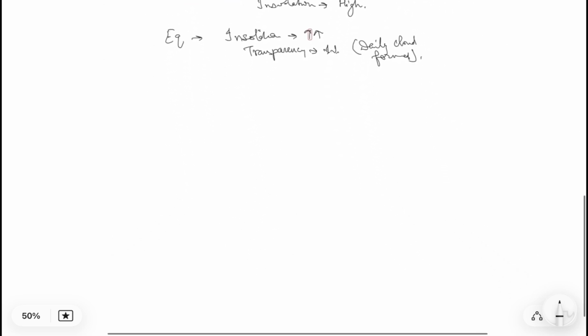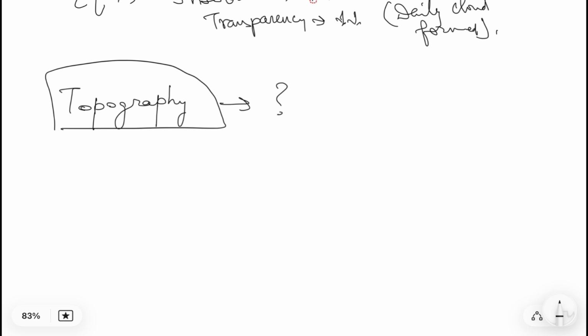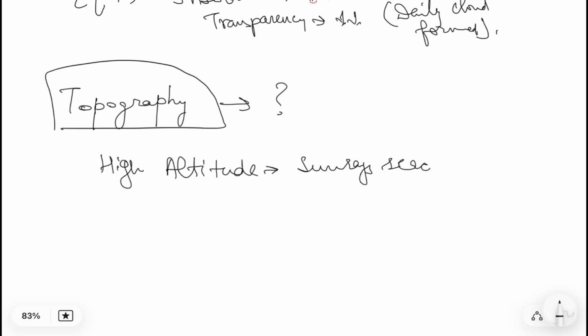Next factor affecting is the topography. Now the question is how topography affects the distribution of the insolation. In case of the high altitude, sun rays will reach first, and in case of poles it will take more distance to travel.